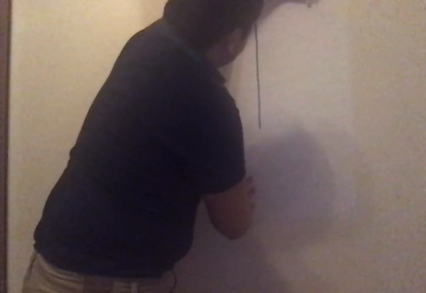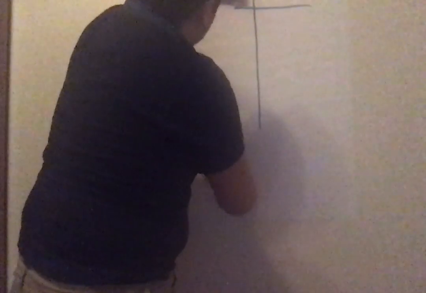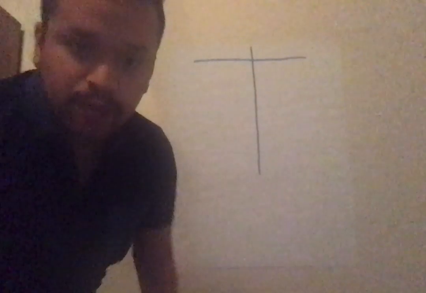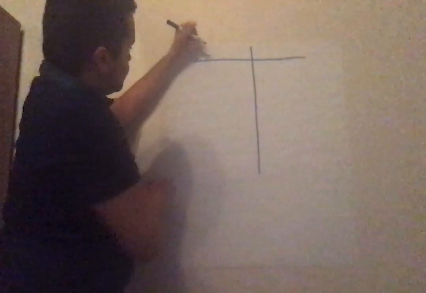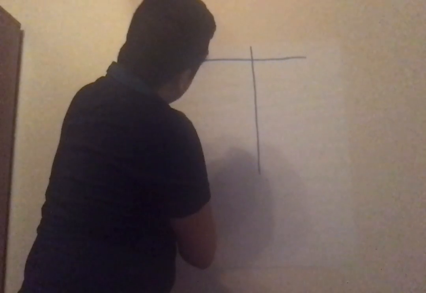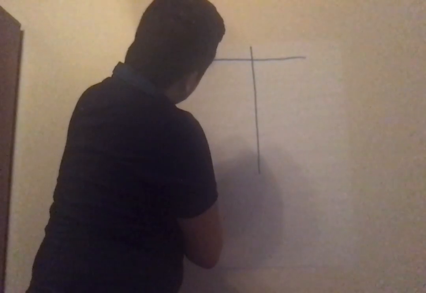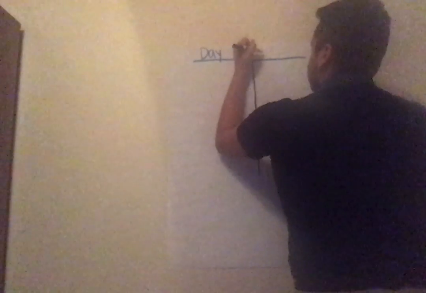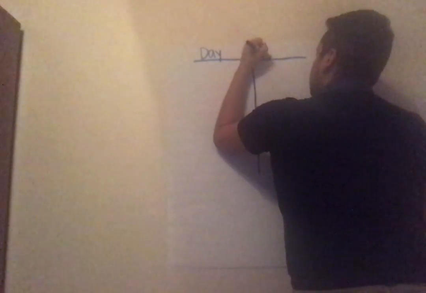Looks like a lowercase t. Here is our T-chart. Can y'all see? There we go, much better. So on this side, I'm gonna write day. And on the other side, I'm going to write night.